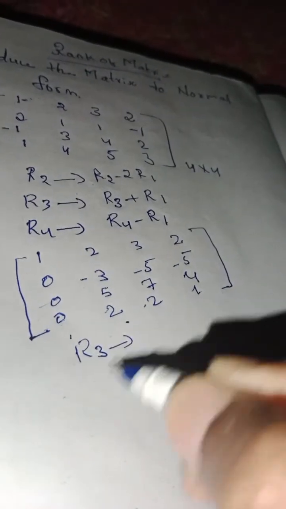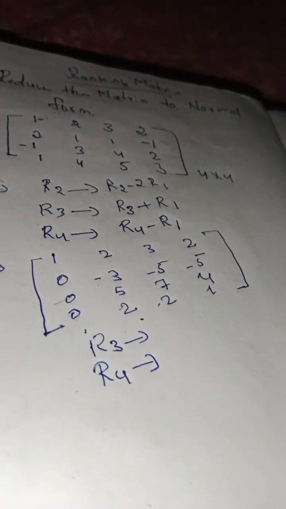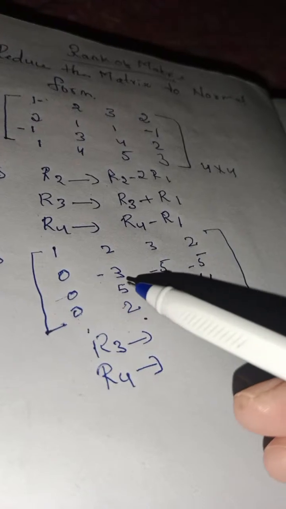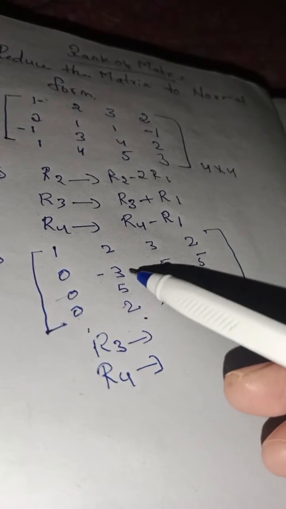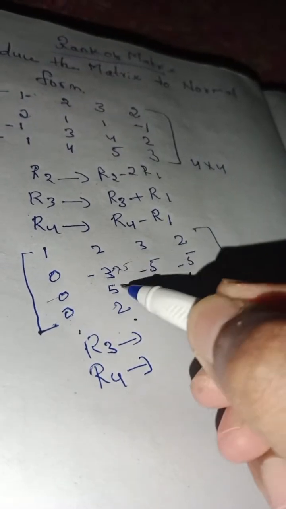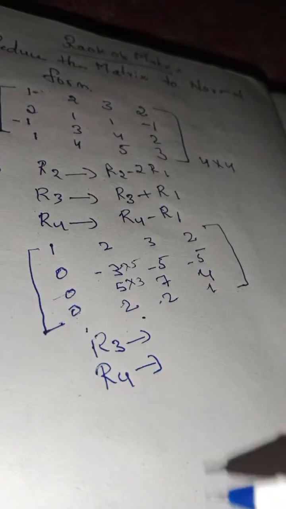So I'm going to write R3 tends to, R4 tends to. So what is R3 over here? 5. And here R2 is 3. So if we multiply 3 into 5 and 5 into 3, we'll be getting 15. 15 minus 15 will be 0, right?